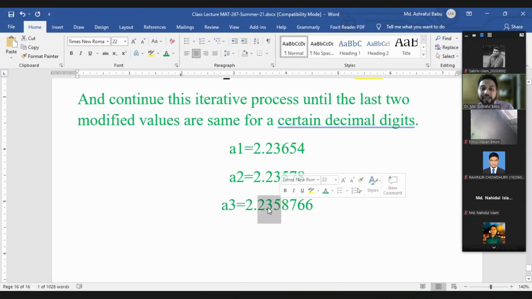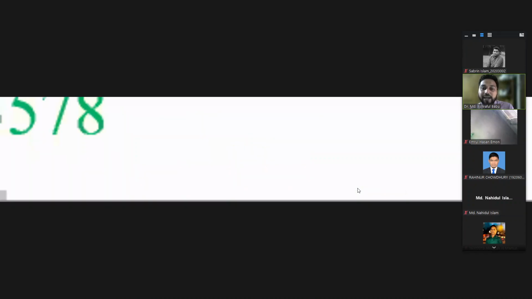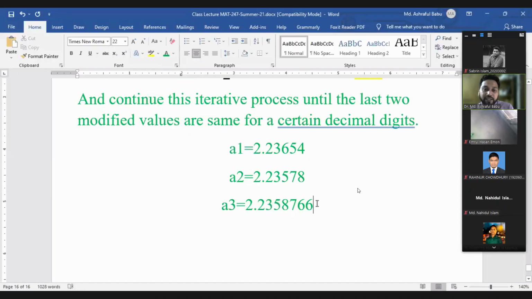So if the question asks you to correct up to the 3rd decimal point, you stop at A3. If it asks for the 4th decimal place, you have to find the next iteration.